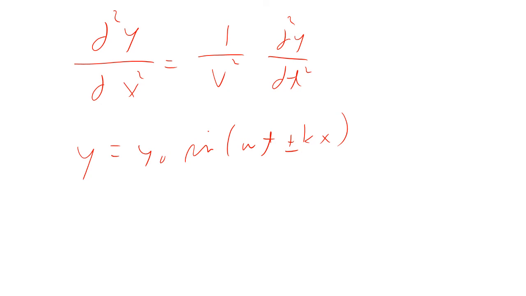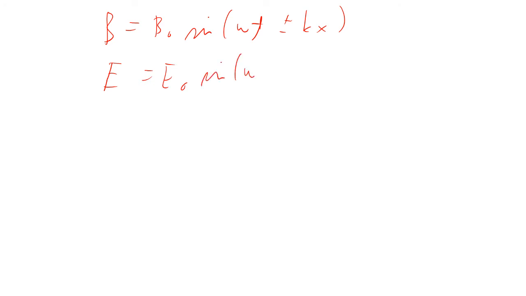Well, if you look at what we just had, that means that b and e are now waves. So b is some b naught sine omega t plus or minus kx, and e is some e naught sine omega t plus or minus kx, and the velocity is equal to 1 over the square root of mu naught epsilon naught.